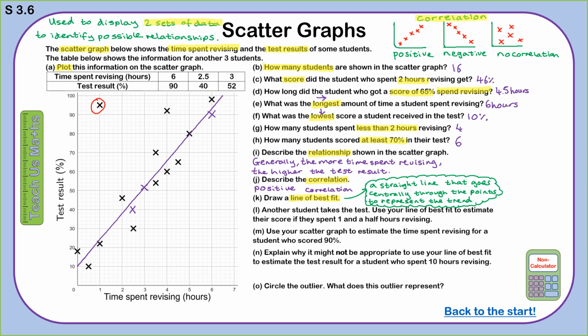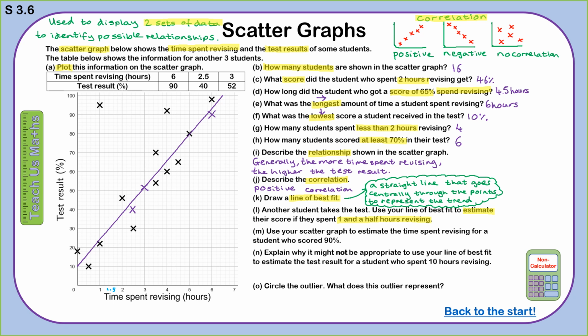Part L. Another student takes the test. Use your line of best fit to estimate their score if they spent 1.5 hours revising. So for this question, we need to go along to 1.5 hours. And we need to draw a line up until we hit the line of best fit.